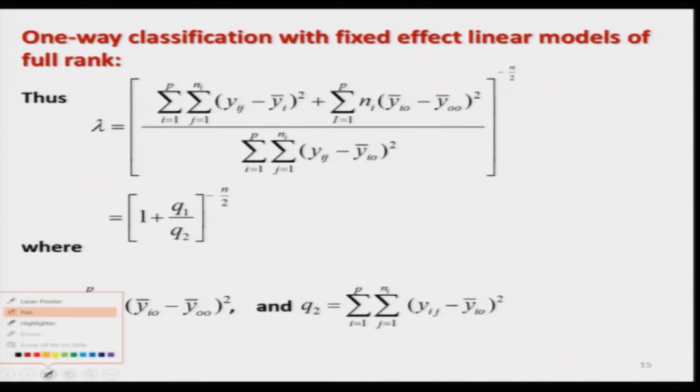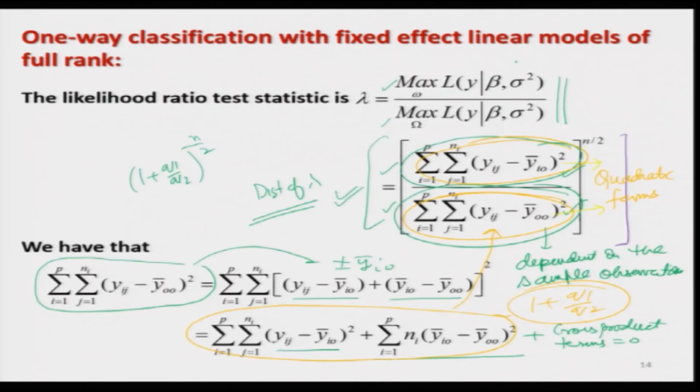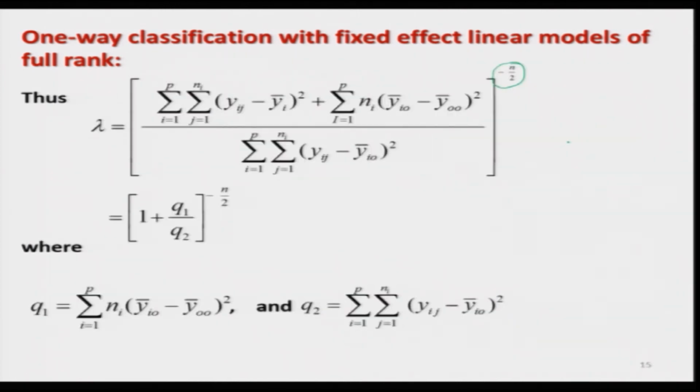We rewrite this function, and you can see I am now changing the power of this bracket. This is now minus n by 2, whereas this was n by 2, so the numerator will become the denominator and the denominator will become the numerator.